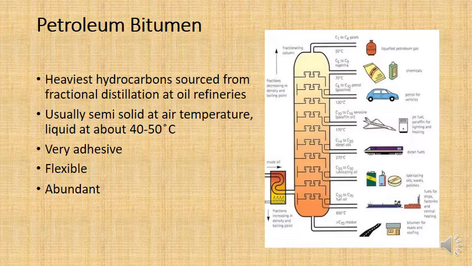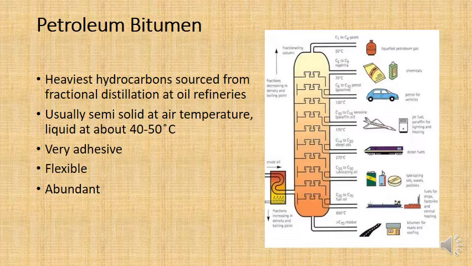A slightly lower quality fuel would be decane to C16. I'm not sure what that is. Oh, kerosene. So that's usually used for aeroplane fuel and that sort of thing. And then you've got diesels, and then you've got lubricating oils. So yeah, lube that you would use on your car.